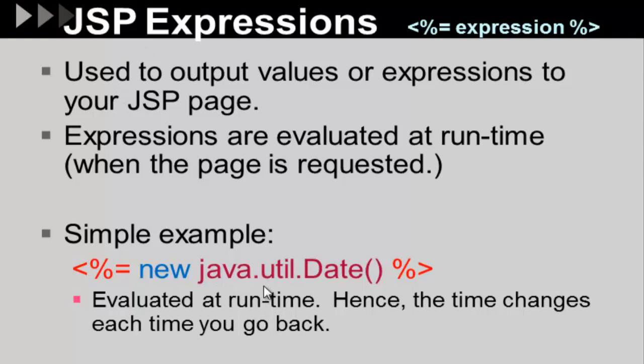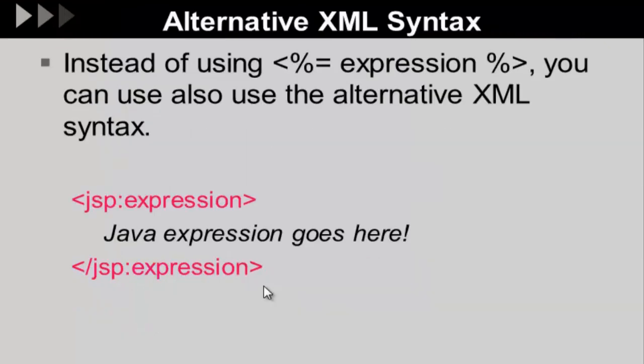If you write new and instantiate a date, what are you going to get? What does it return? System date, okay, so current date. There is another way in which you can write the expression. You can write the expression like this, or you can use jsp:expression and write your expression. So this is the other way in which you can write it.